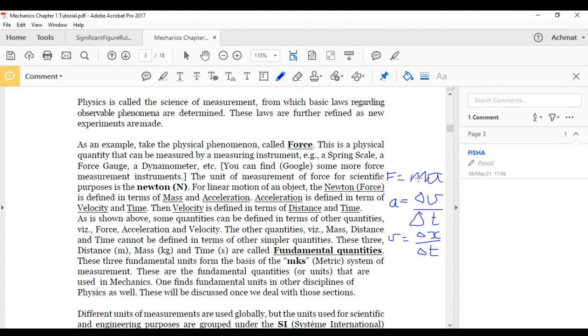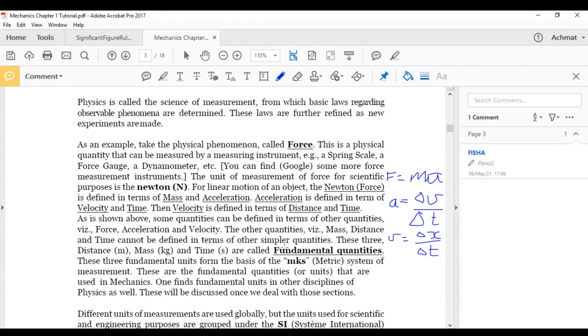So time, distance, and mass are what we call the fundamental quantities. In what we are dealing with now, mechanics, we call these quantities the MKS. Why? M for meters, K for kilograms, and S for seconds.